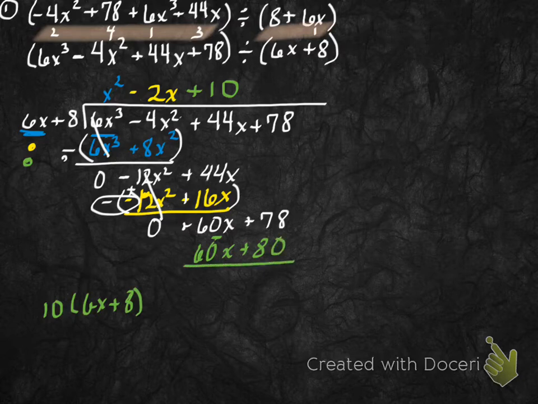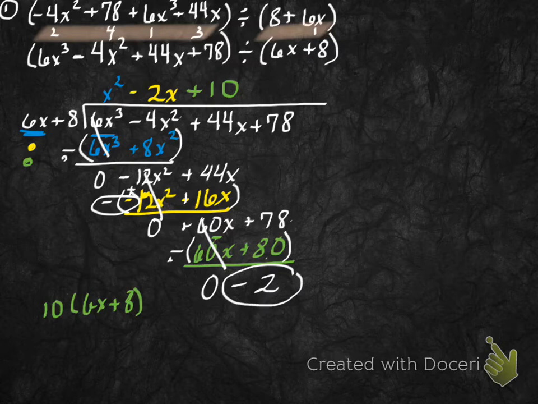So now I'm going to subtract. 60x minus 60x cancels out, giving me 0. 78 minus 80 gives me a negative 2. So my remainder is this negative 2.